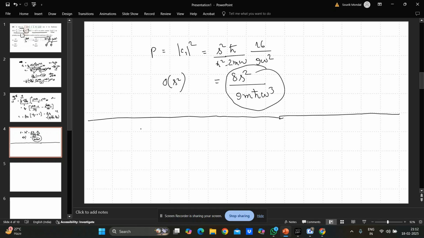Okay, so the basic thing is very clear. You have to write i h cross d psi dt is H psi. This is the basic time dependent Schrodinger equation.